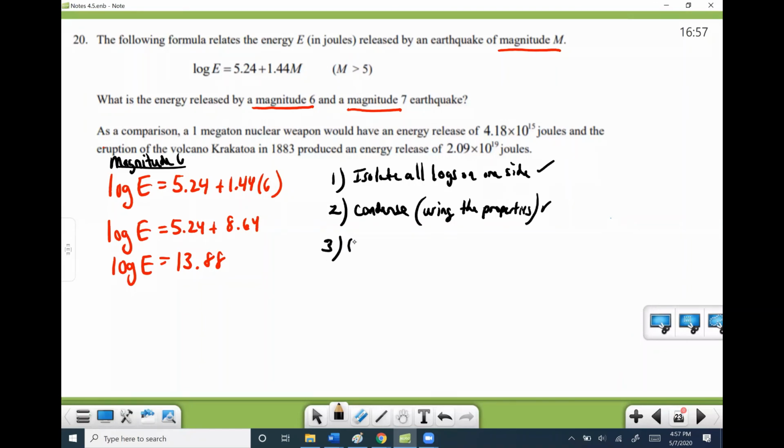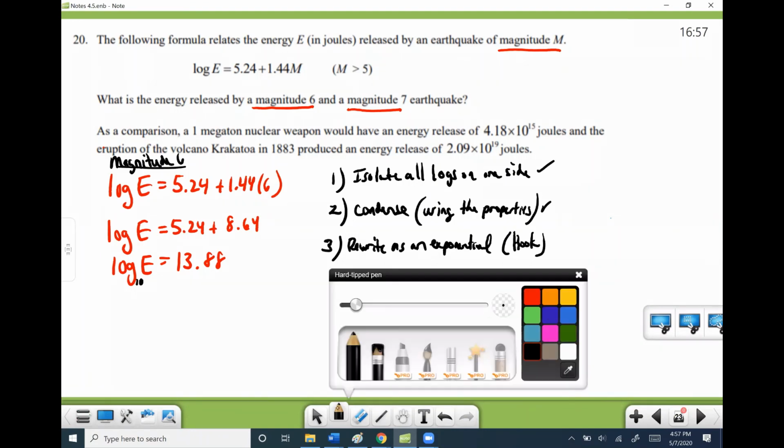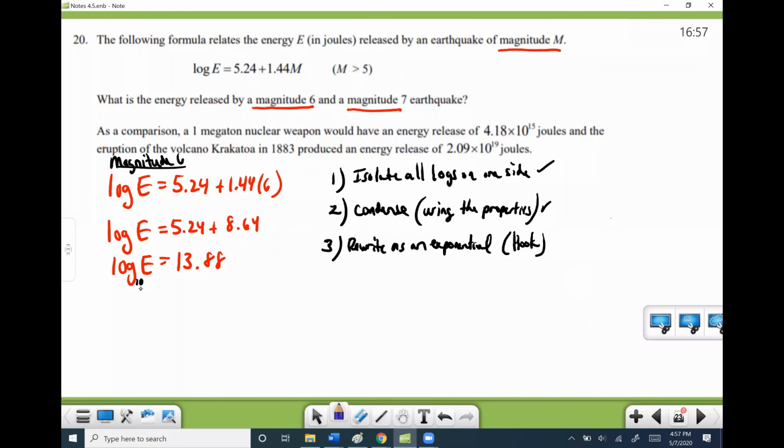Step 3, rewrite as an exponential using the hook. That's where we're at. So we know that our base is 10. So when we use the hook method for this, it's going to be 10 to the 13.88 equals E.